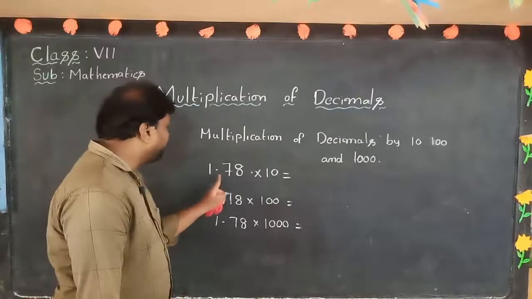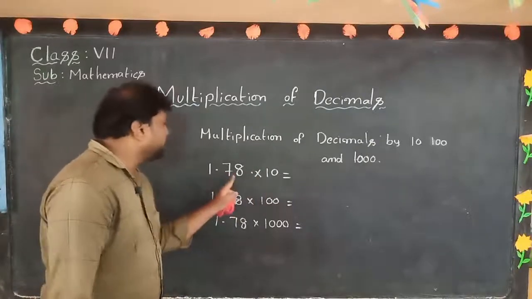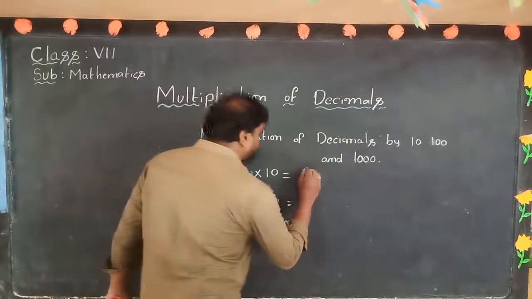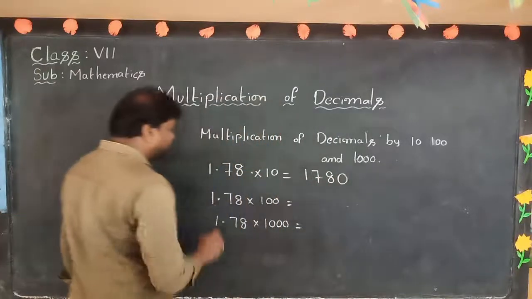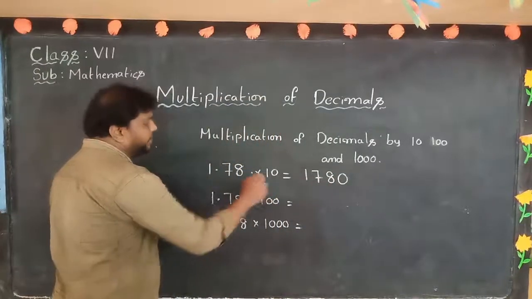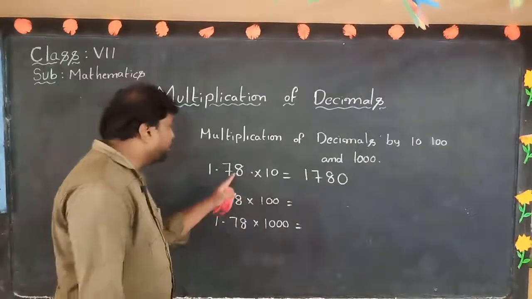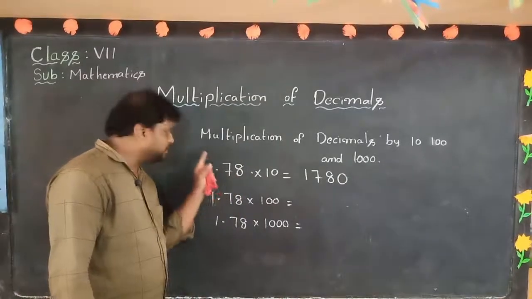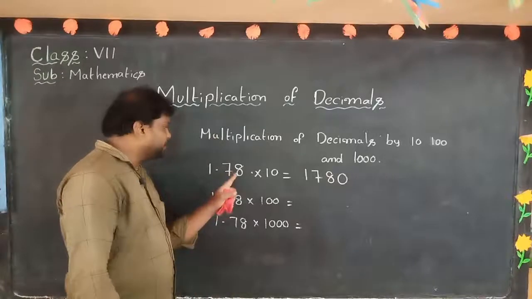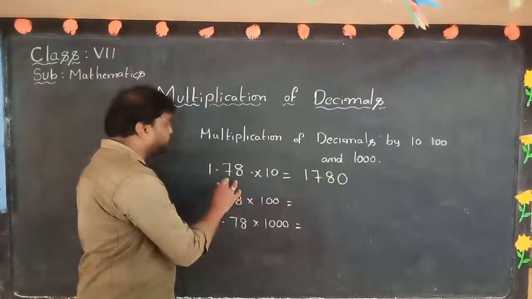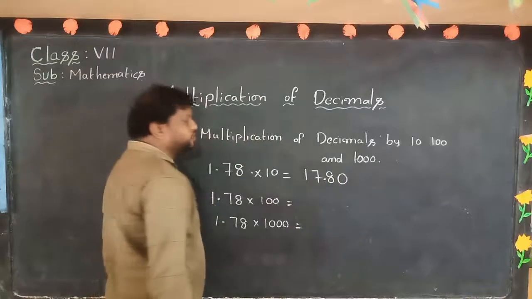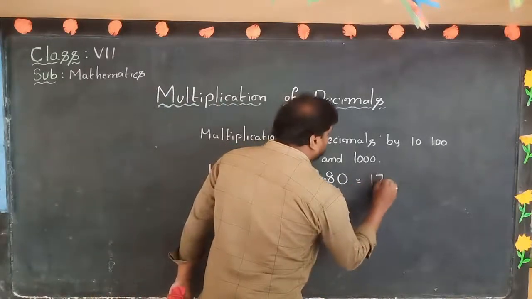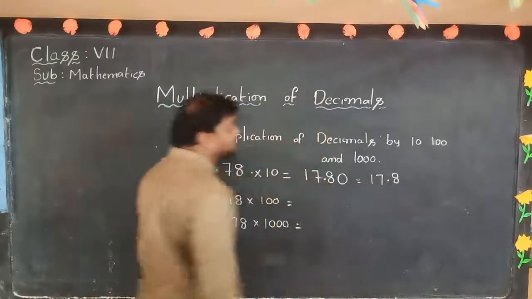First, 1.78 into 10. First of all, 178 into 10 is 1780. How many digits are in the decimal part? Counting from the right side, two places, so the point comes here: 17.80 is nothing but 17.8. This is the first answer.